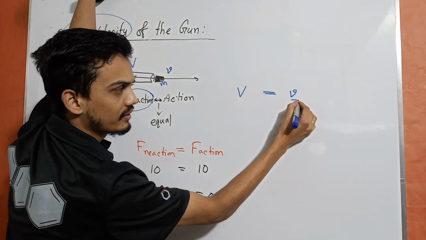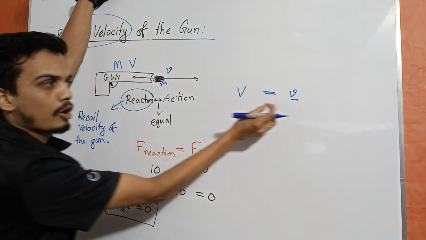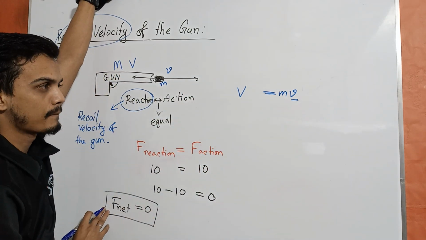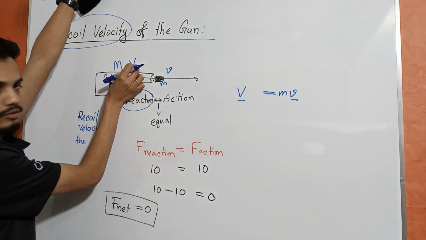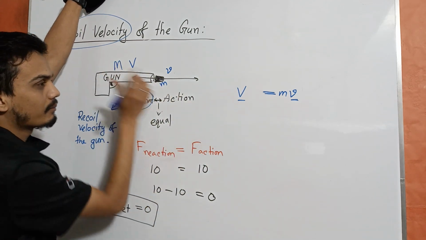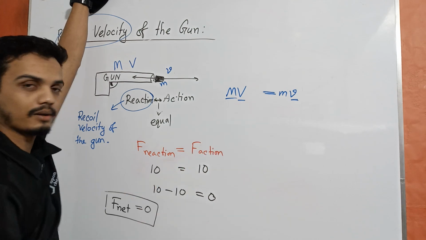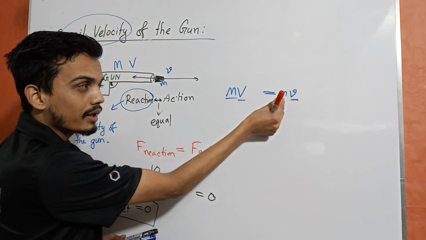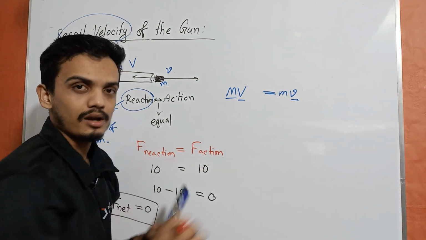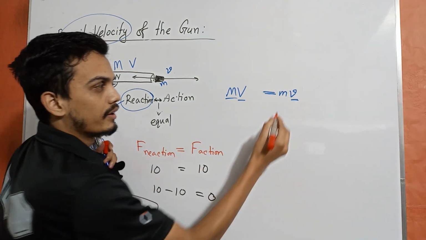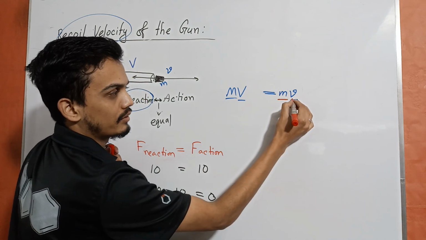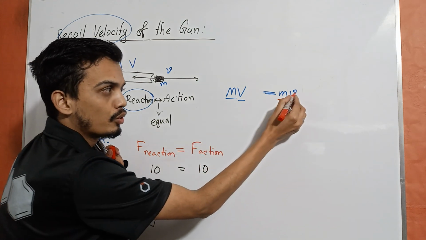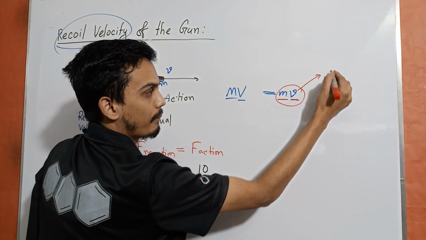Here this is bullet velocity v, and here the bullet mass m. This is gun velocity V, and here the gun mass M. Capital M capital V equals small m small v.